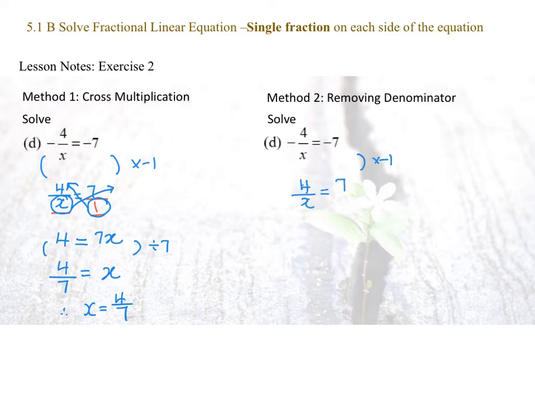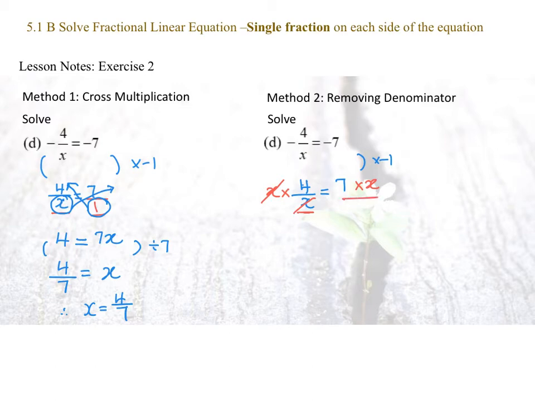And now, if I were to remove my denominator, I have x in my denominator, so I do not want x. So technically, I need to multiply x away on both sides. So when I do so, and I multiply x on both sides, I'll notice the x in this denominator will cancel away. That's my objective, right? I want to remove the denominator.